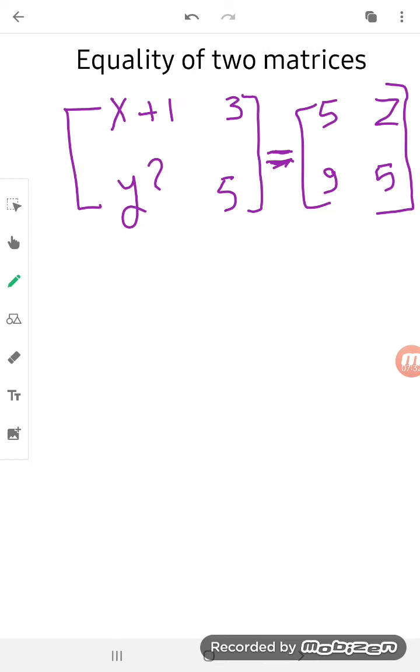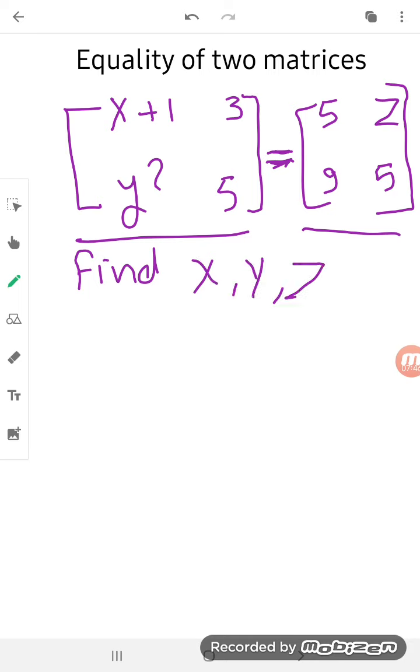Equality of two matrices. Now, if the first matrix equals the second matrix, find x, y, and z. When the two matrices are equal, the corresponding elements are equal.